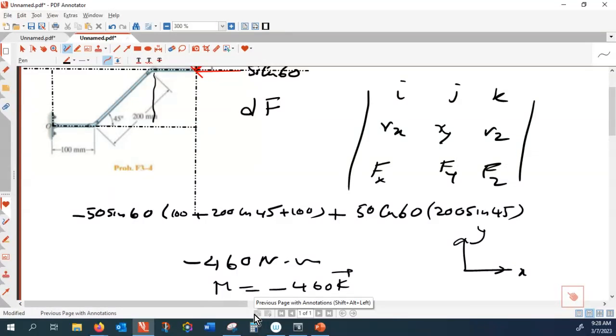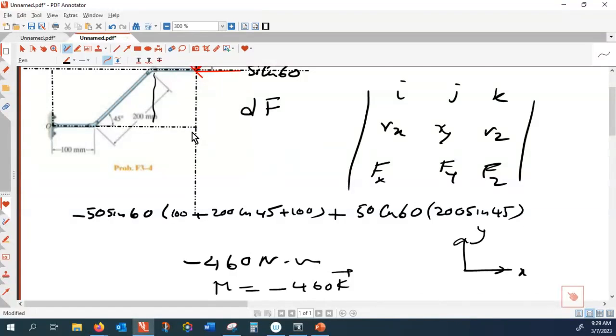Everyone understand? All right? Well, I was lazy to do the number crunching. I assumed that the outcome would be 460. But then, can you tell me that whatever that number is, is this going to be clockwise or counterclockwise?